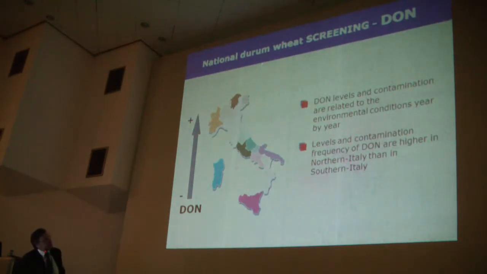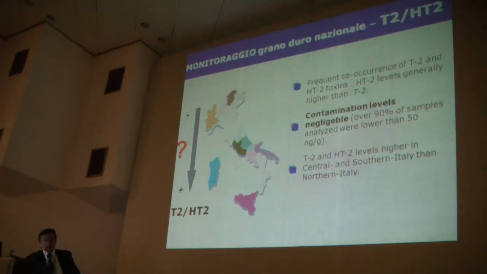It's interesting to notice that while T2 and HT2 are considered more contaminants of northern areas, in Italy the situation is different. So you can find some T2 and HT2 more in central and southern Italy where the conditions are hot, while there is a very low level in the north.